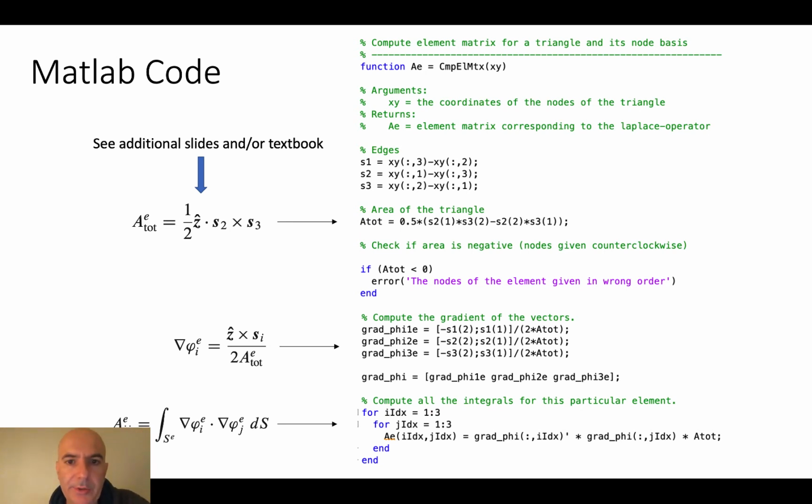The calculations you see in this function are basically using the equations that are derived from geometrical considerations. I strongly suggest you either look at the additional slides in this lecture, or look at the textbook that is going through the calculation of this specific term here. What I'm pointing out here is basically the different parts of the code that are using this equation.